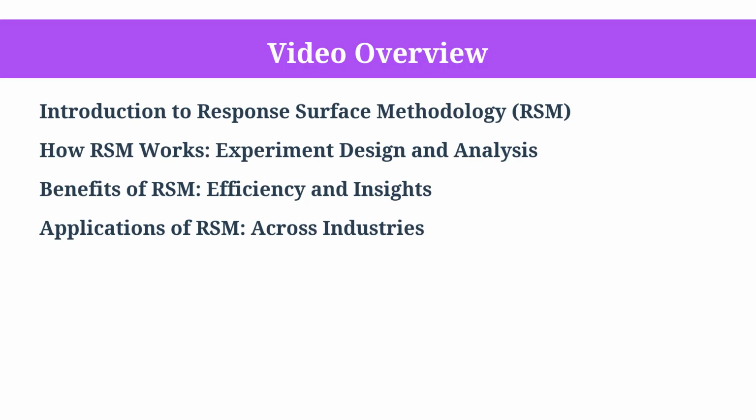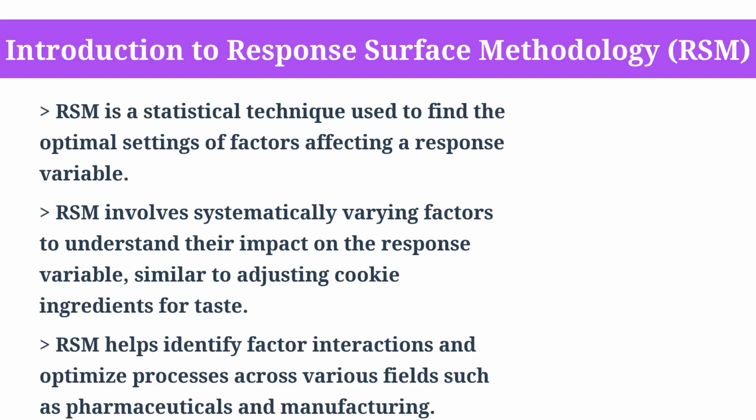Today, we're diving into an exciting topic that's going to help us optimize experiments and processes like never before. Response surface methodology, or RSM for short, is a statistical technique used to find the optimal settings of factors that affect a response variable. Now, let me break this down for you in simple terms.